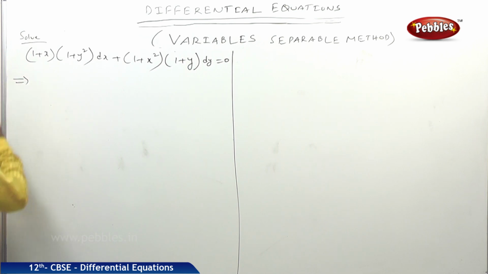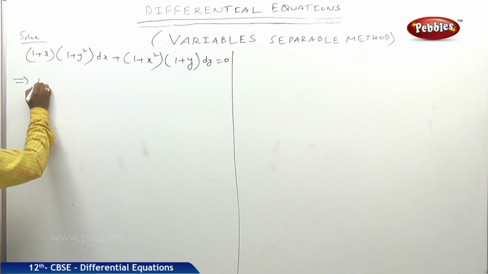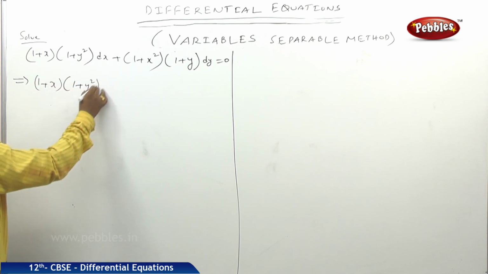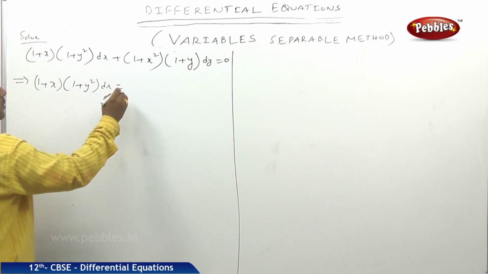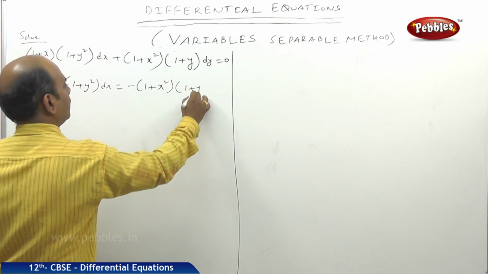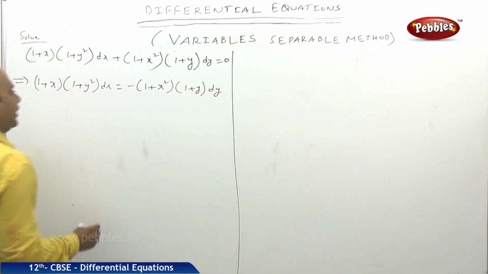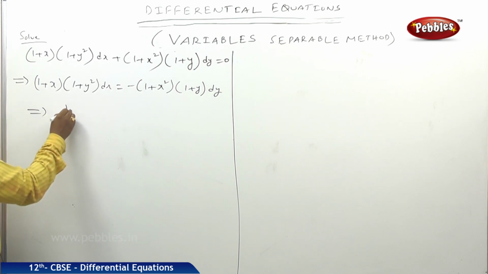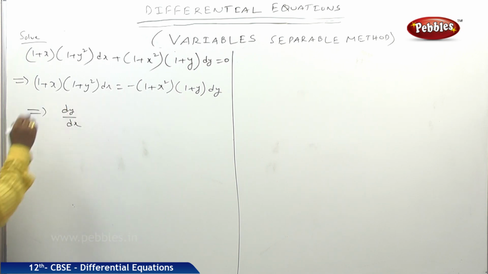So this is our given relation. For my convenience, at the beginning stage, 1 plus x into 1 plus y square dx is equal to minus of 1 plus x square into 1 plus y dy. That implies I will make a dy by dx like this.